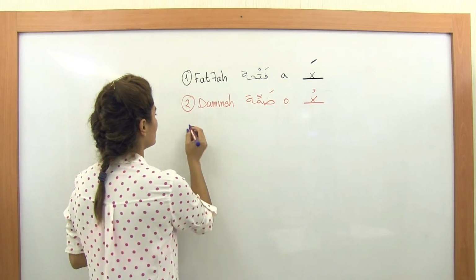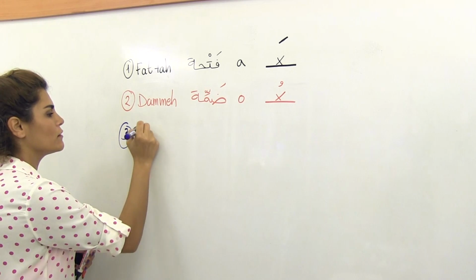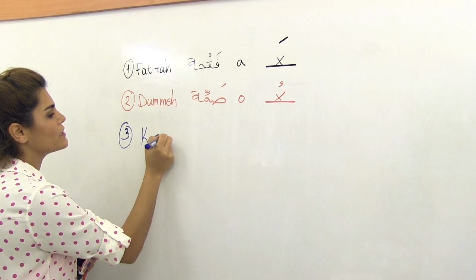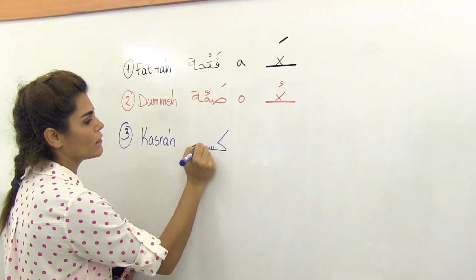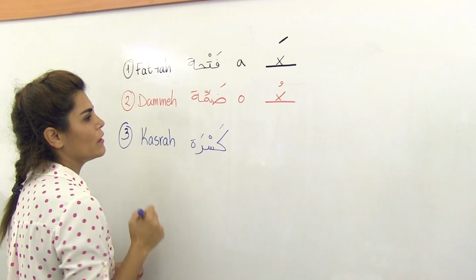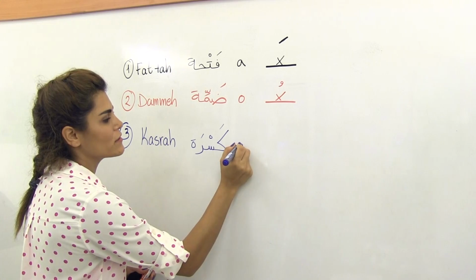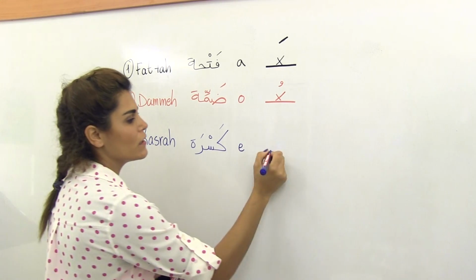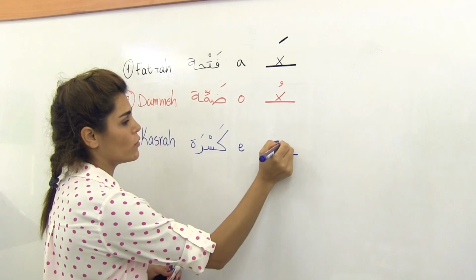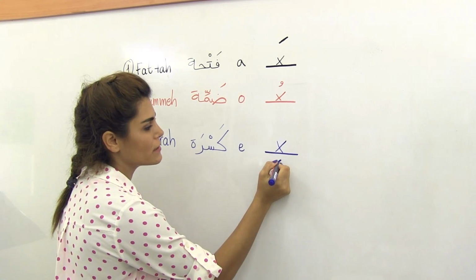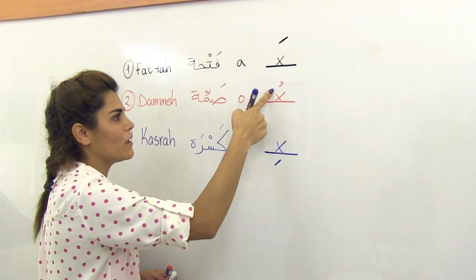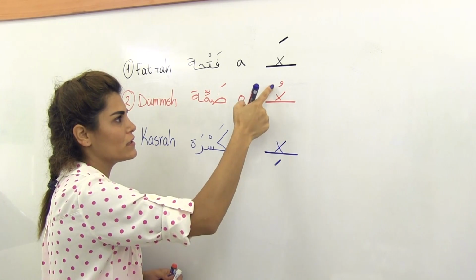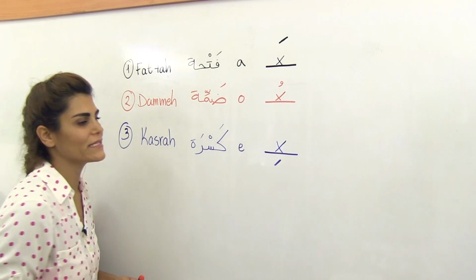And then the last one is kasra. Kasra is based on the sound I. It's below the letter as an oblique line. So above is fatha, on top as a comma is damma, and below is kasra.